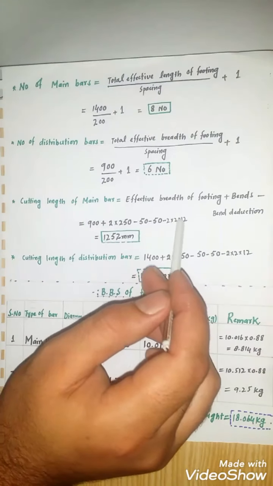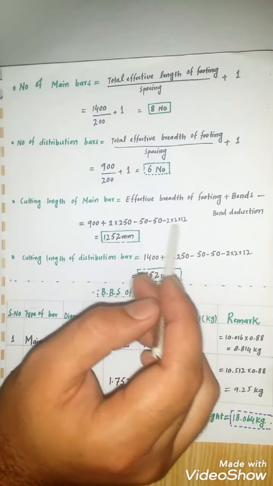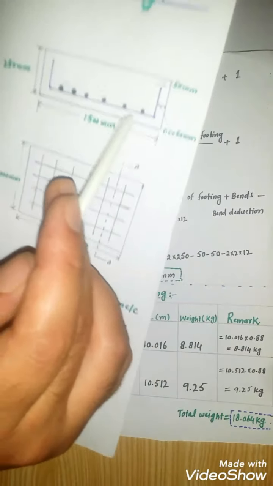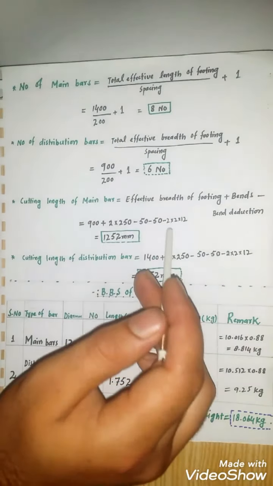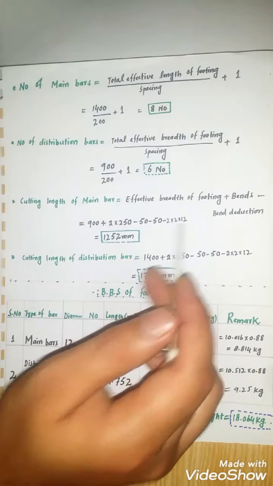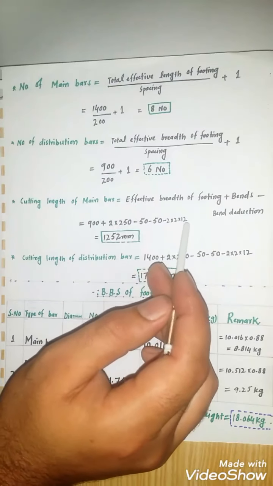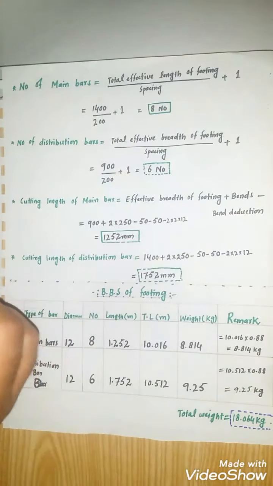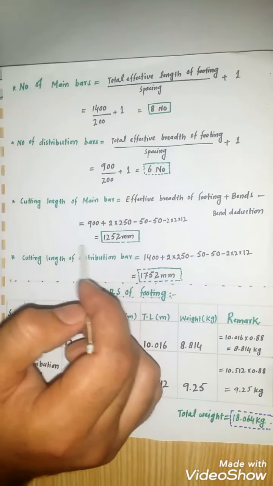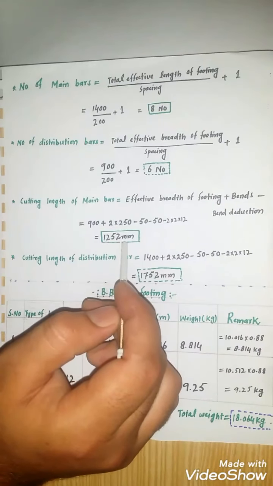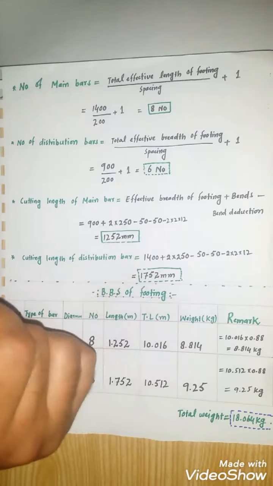Multiply by 2 and multiply by 12. For a 90-degree bend, we use 2 times the diameter of bar. 12 is the diameter of bar. Cutting length of main bar is equal to 1252 millimeter.